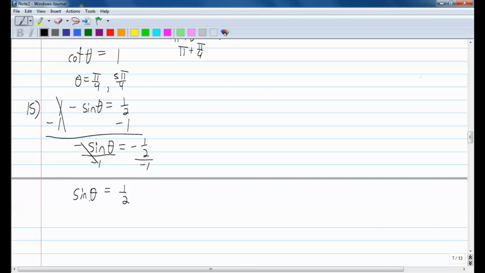So we have to say, okay, where is sine positive 1/2? Sine is positive in the first quadrant and in the second quadrant. In the first quadrant, the sine of pi over 6 is a positive 1/2. Then to find its multiple in the second quadrant, you say pi minus theta.